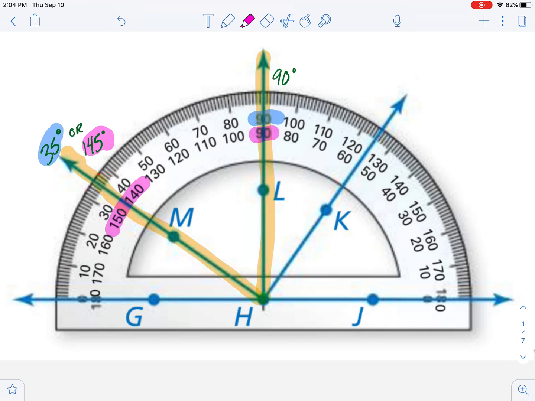So if I start with the top set of numbers, that 90, then I've got to make sure I use the top set of numbers on the other part of my angle as well. So here we're going to look for the difference of 145 and 90. If I go from 90, I can go 10, 20, 30, 40, 50, 5.